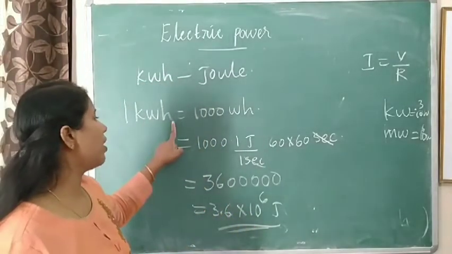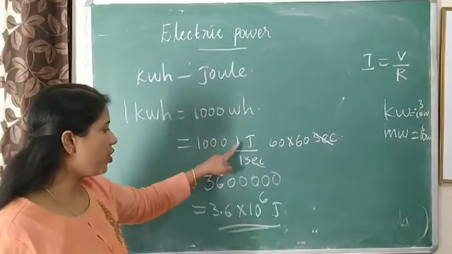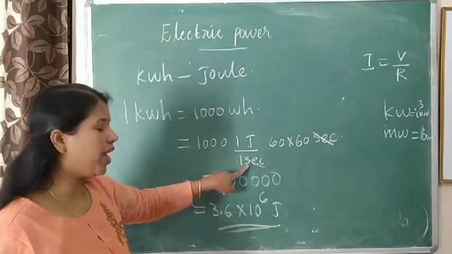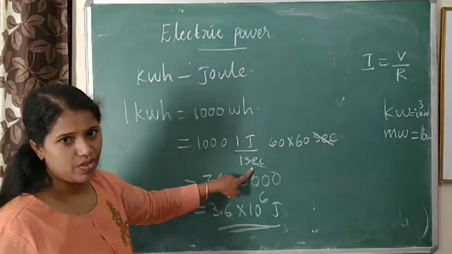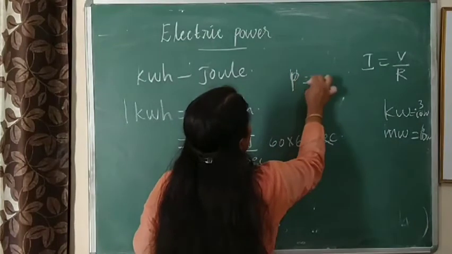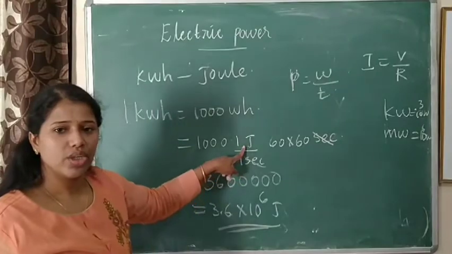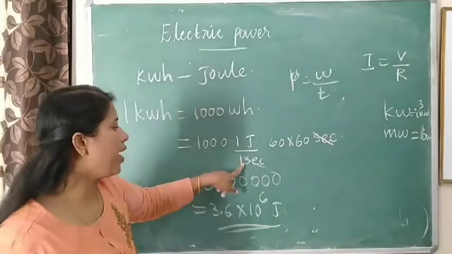1 kilowatt hour is equal to 1000 watt hour. Then 1000 into watt means 1 joule per 1 second. Why are we using this 1 joule per second for watt? Power is equal to work done by time. Work done has the unit joule, so 1 joule per 1 second.